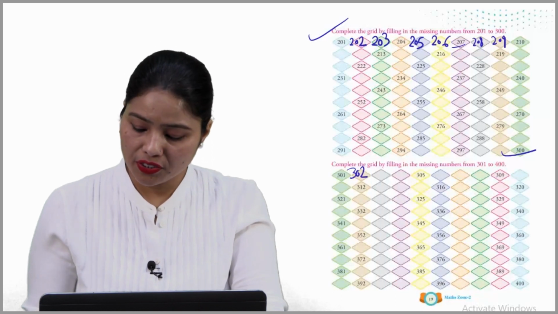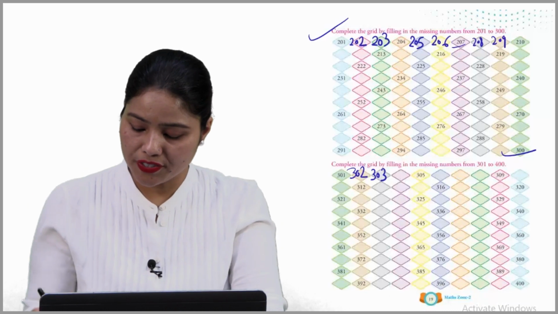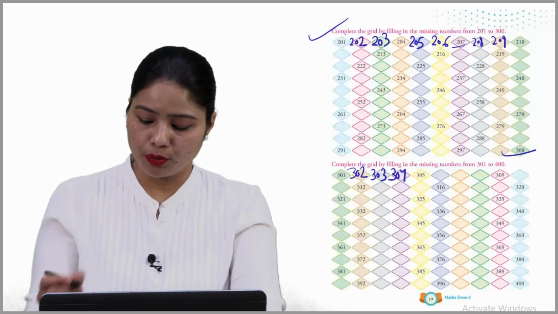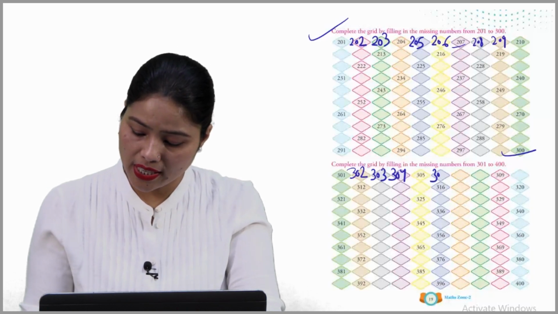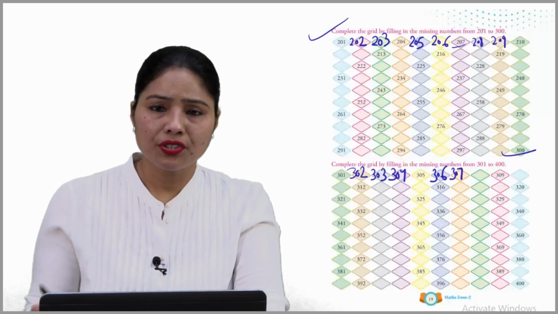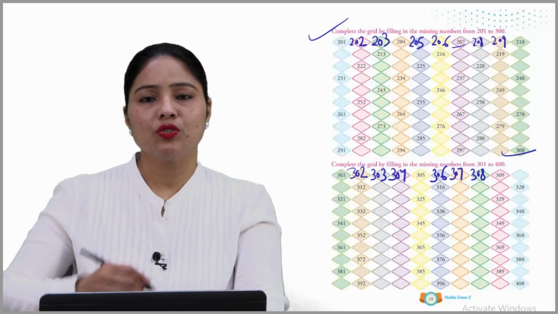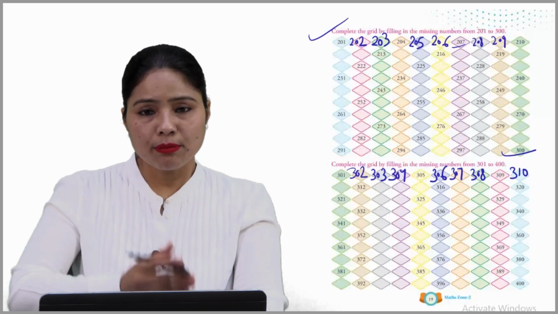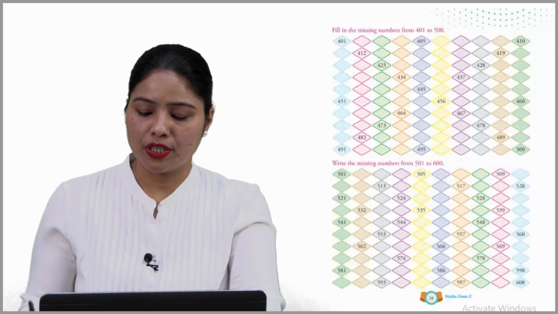Okay, after 303, then 304, 305, then write 306, then 307, then 308, then 309, then 310. Similarly, you have to fill other blanks yourselves. This is simple counting, okay?